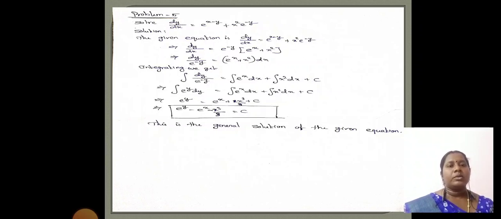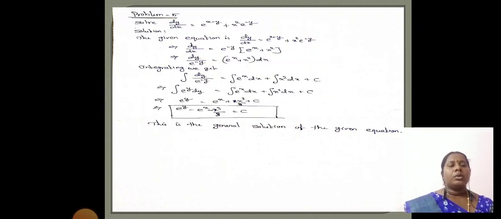Substituting these values, we get e power y equal to e power x plus x cube by 3 plus c, which implies e power y minus e power x minus x cube by 3 equal to c. This is the general solution of the given differential equation.